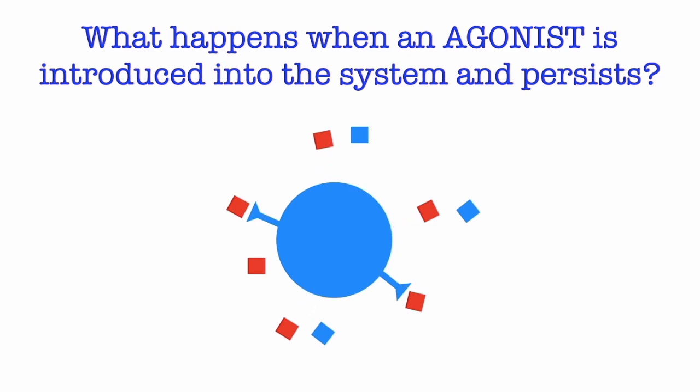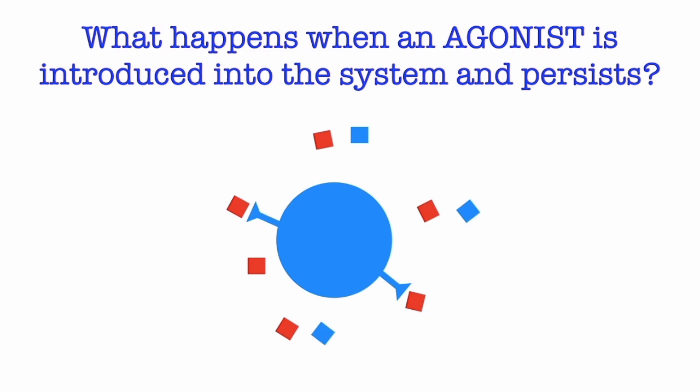down-regulating the cell. It actually engulfs as many receptors as needed to bring back roughly the original number of activated receptors to restore homeostasis. This is the result of this added agonist.